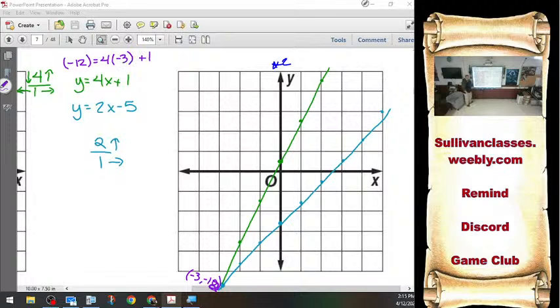Is that a true statement? No. I think it was actually negative 11. It's just my graph was off. So I had to go off-road. Yeah, it's negative 11.